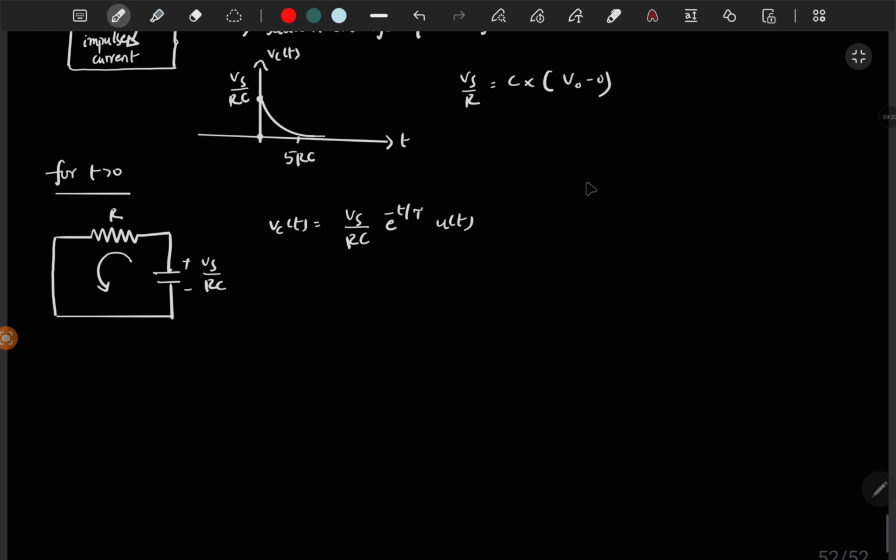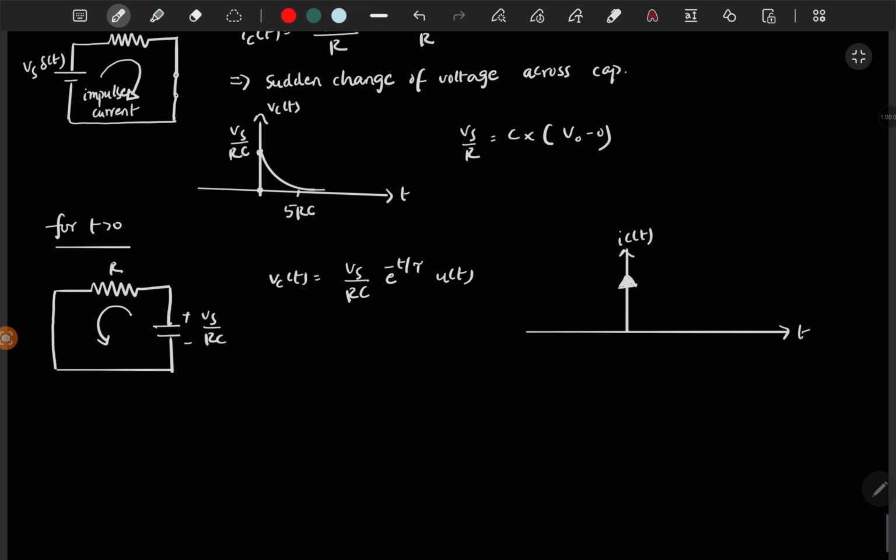And if you want to draw the current, IC of t, then you have positive impulse current. That's why the capacitor is charged to a positive value. It is increased from 0 to Vs by RC, and this magnitude is Vs by R.